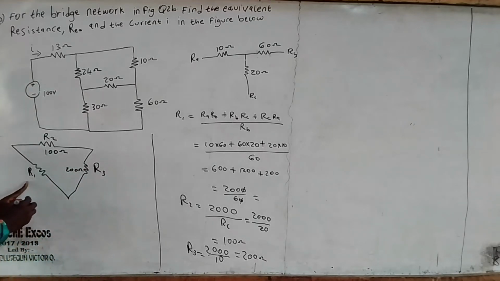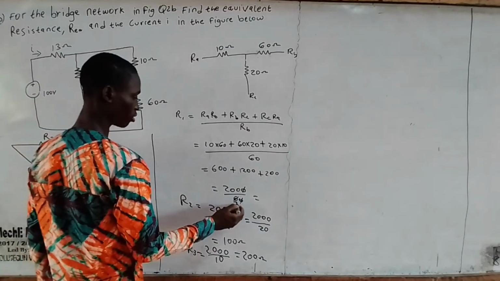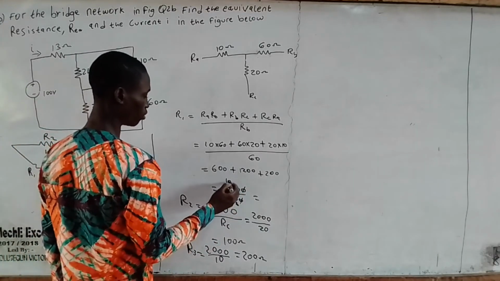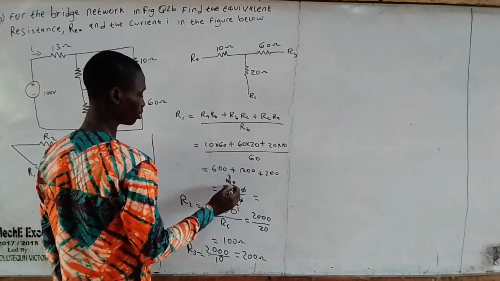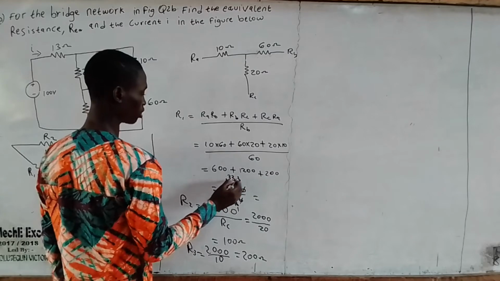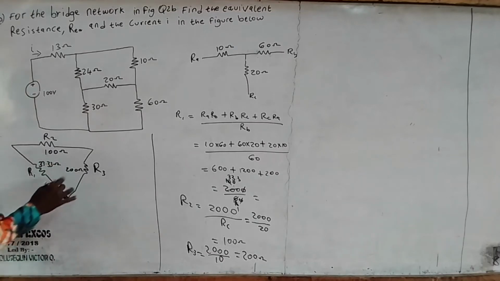And R1 here is going to give us 200 divided by 6, which is 33.33 ohms. So, to write this very well, we have 200 ohms. Don't mind my handwriting, let's continue.